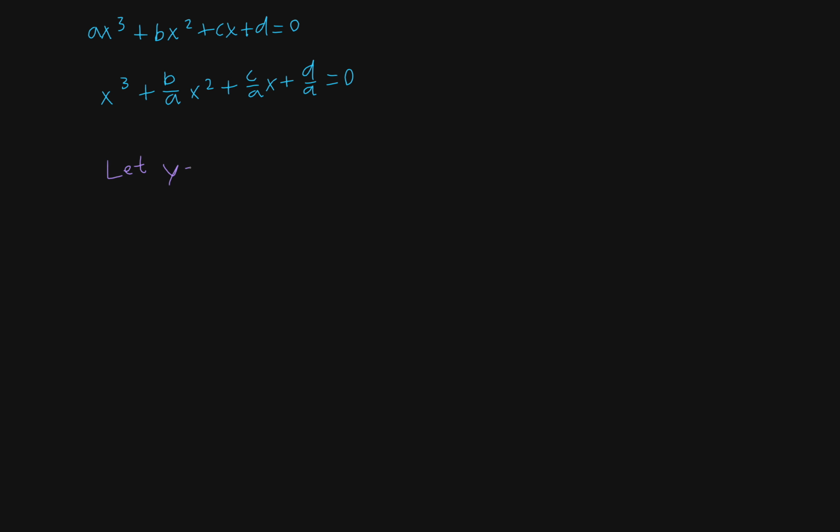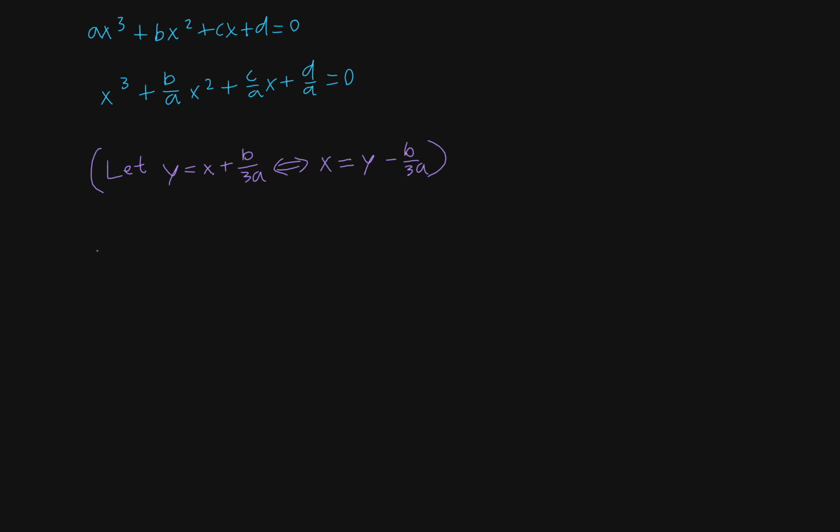We're going to get y equal to x plus b over 3a, and then this means that x is equal to y minus b over 3a. Now we're going to sub these in.